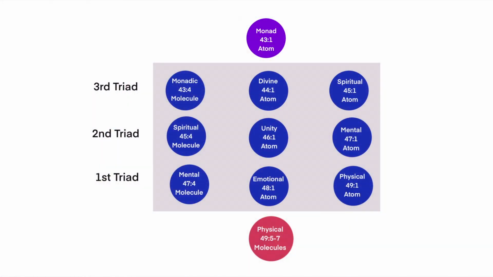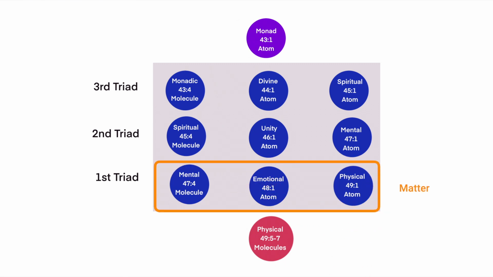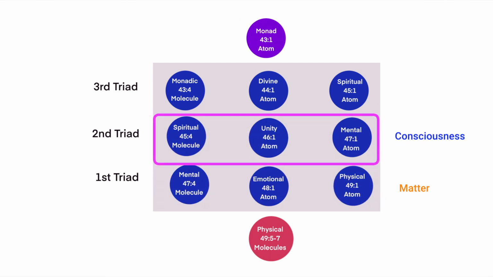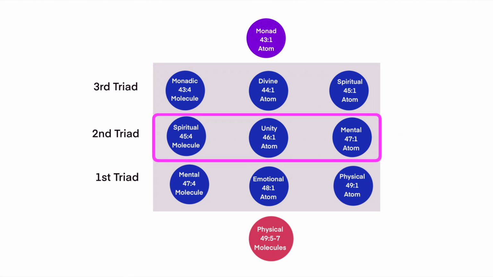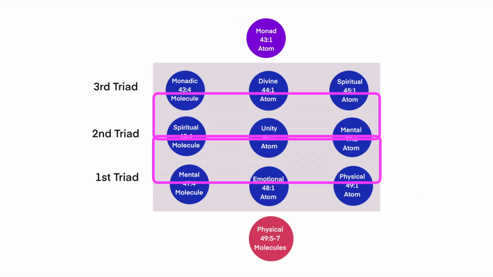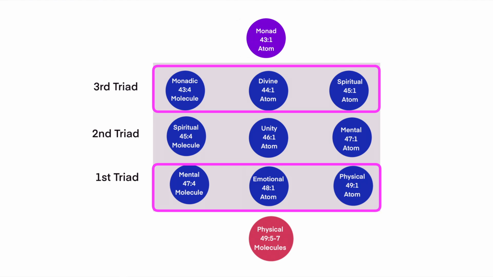To get the meaning of what is being said, look at our diagram of the triad. There are 3 levels. The first level is defined as matter, the second as consciousness, and the third as spirit. To function as a duality, the mediating factor of the soul or second triad must be absorbed equally into the other 2 aspects.